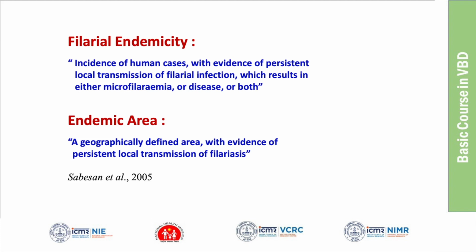But in the true sense, filarial endemicity should be like the incidence of human cases with evidence of persistent local transmission of filarial infection. Because when you talk about endemicity, it underlies that endemicity is a local transmission of filarial infection, and that should result in either microfilaria or disease or both. If that is the stage, then the status is called filarial endemicity.